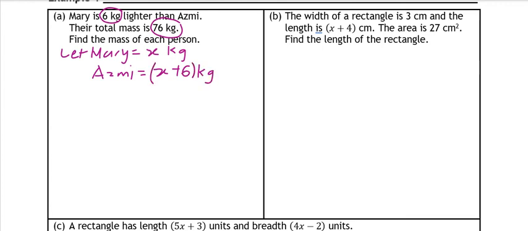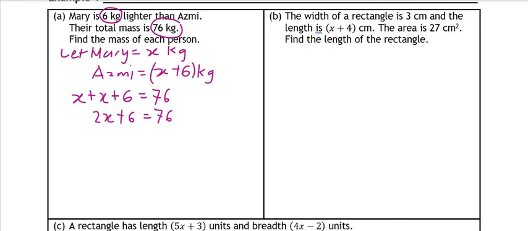So what we're going to do is to find the mass of each person, and you know that their total mass is 76 kilogram. So here you have to sum their weight, which is x plus x plus 6 equals 76. So you're going to solve this problem. 2x plus 6 equals 76.